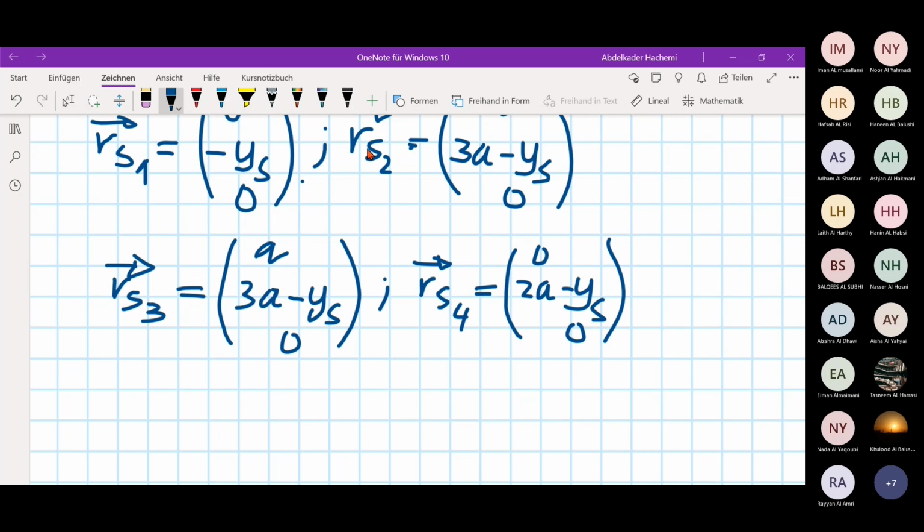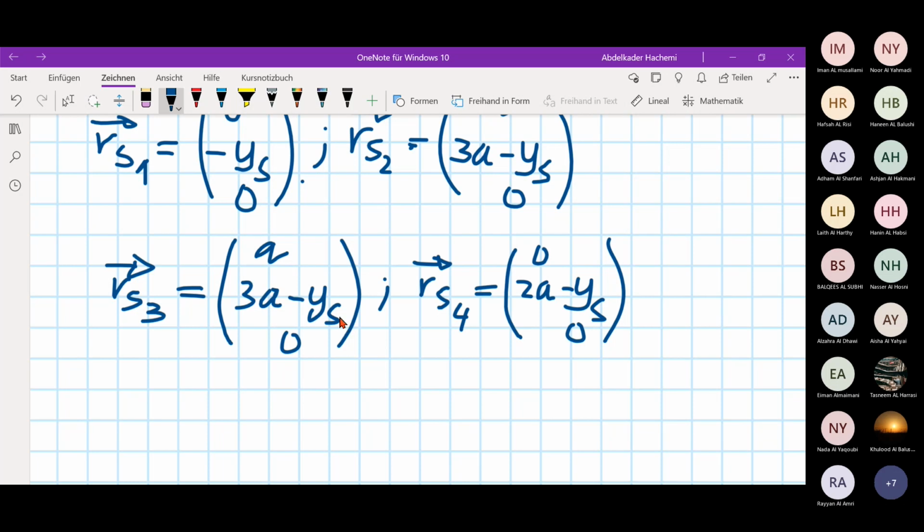Now, we have only to determine the position of YS, so we have to compare it to the origin of the coordinate system. What is YS?